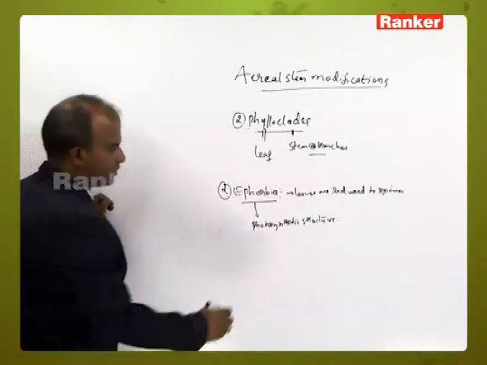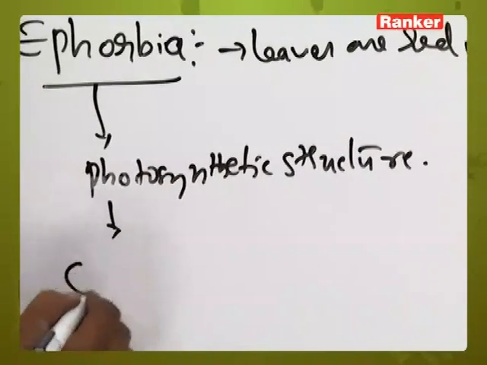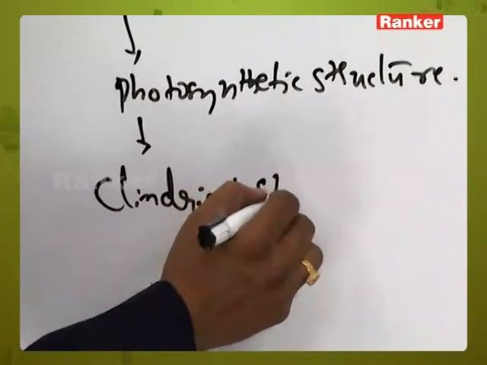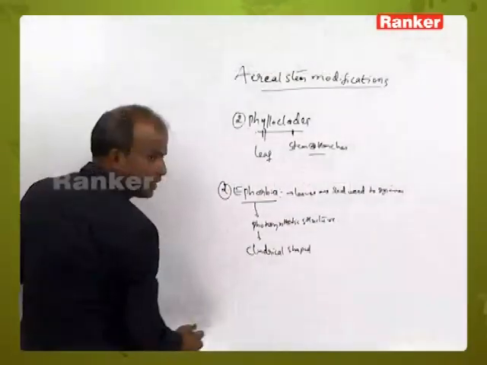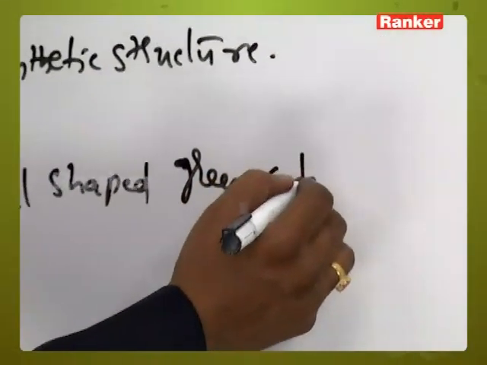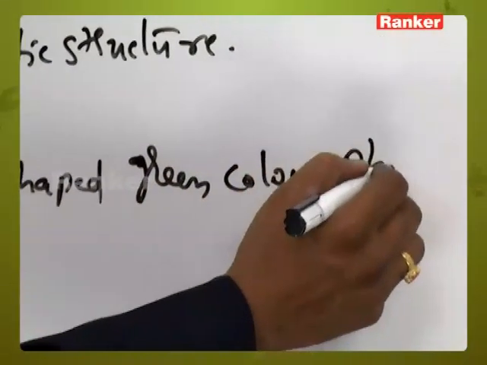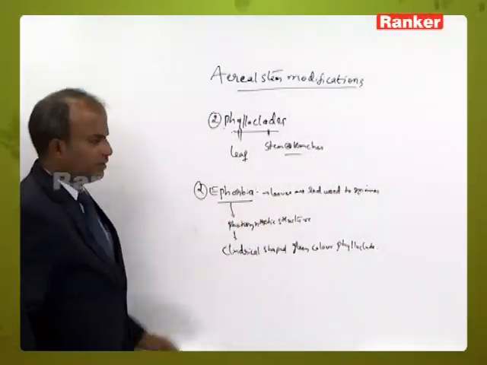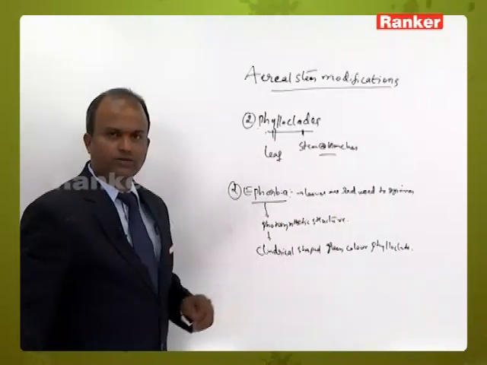In this it shows a cylindrical shaped, green colored phylloclade. That means in Euphorbia, leaves are reduced to spines.